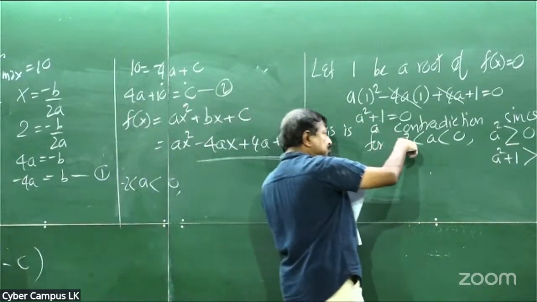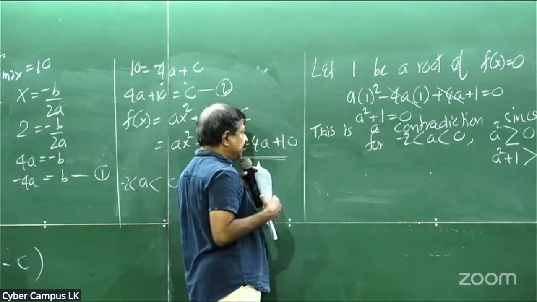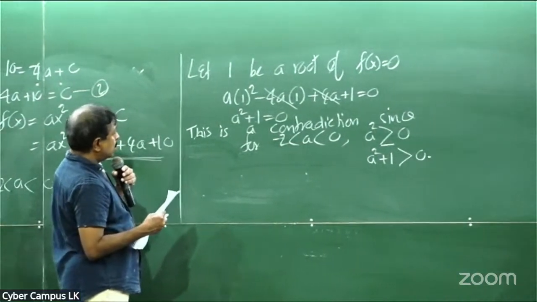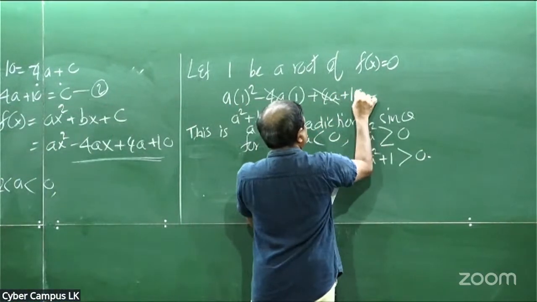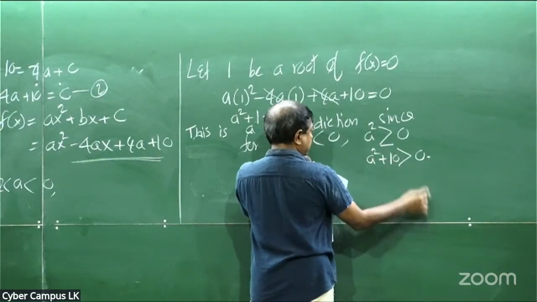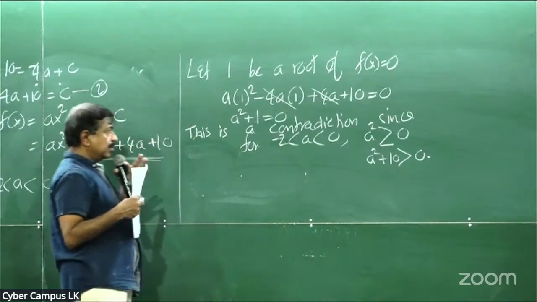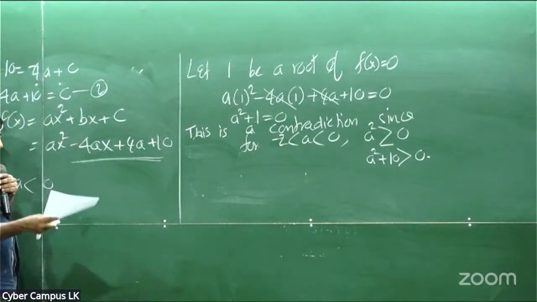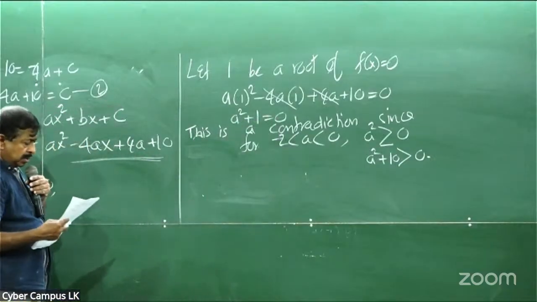Even though it is not in this interval, still the case is true. 1 cannot be a root of this equation. Hold on, this 10. So a squared plus 10 is greater than or equal to 10, and clearly it is greater than 0. So it cannot be equal to 0, right?